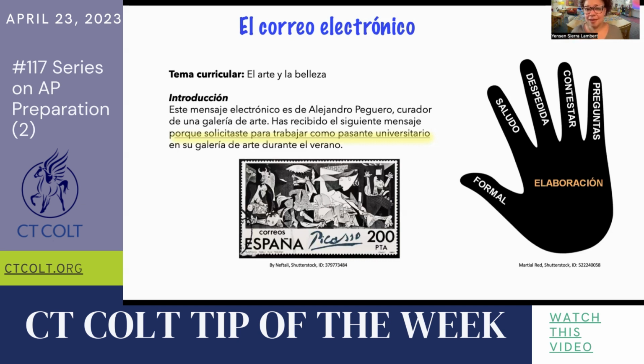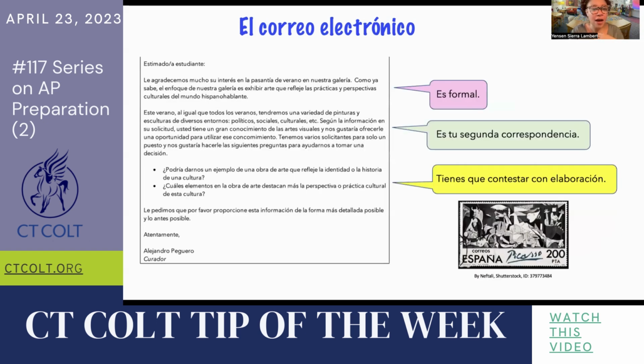They must ask questions. And right in the middle, you have elaboración. And I have my students use this sort of reminder organizer so that they can include everything that we've gone over in class. So feel free to use this with your kids to help them remember what they need to do for the email. So here's a sample email written to a student, estimado estudiante.